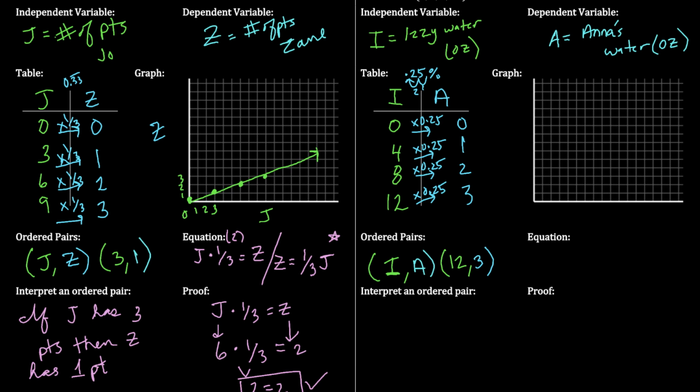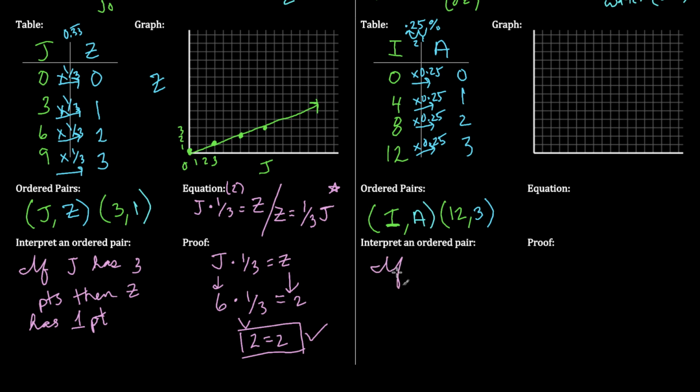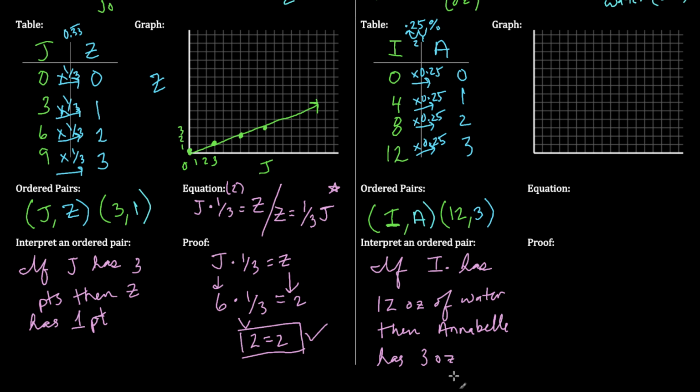So if Izzy has 12 ounces of water, then Annabelle, I don't know why I abbreviated, I just used the letter for hers and spelled hers out, then Annabelle has 3 ounces.